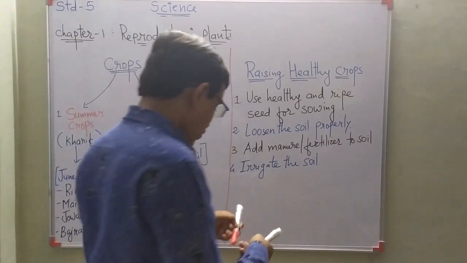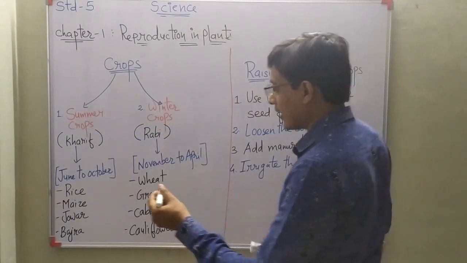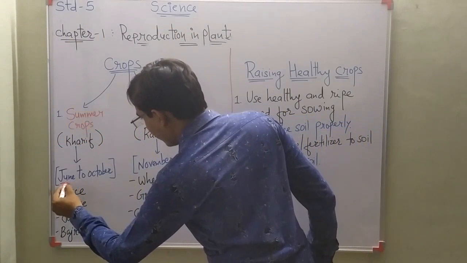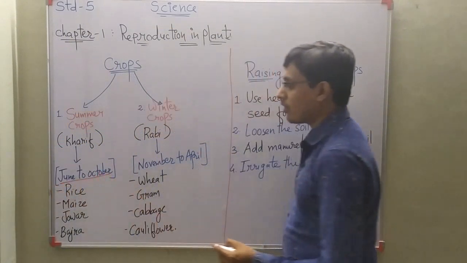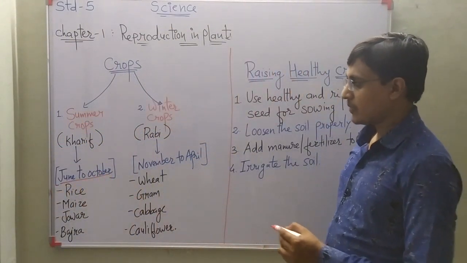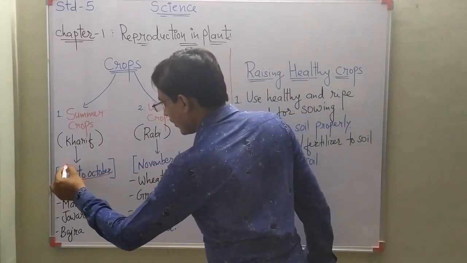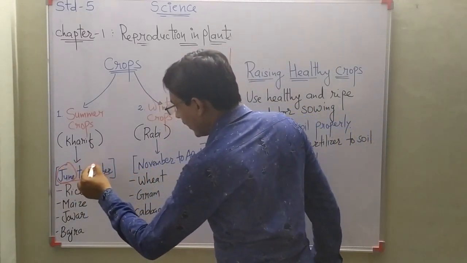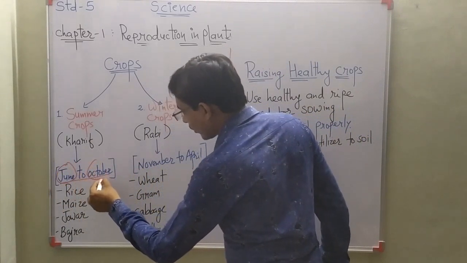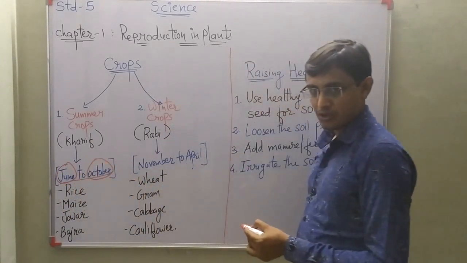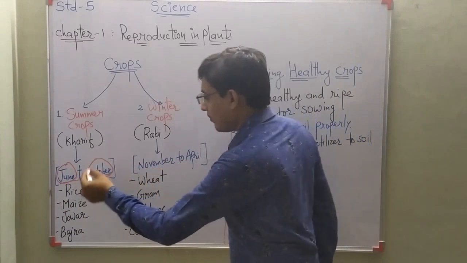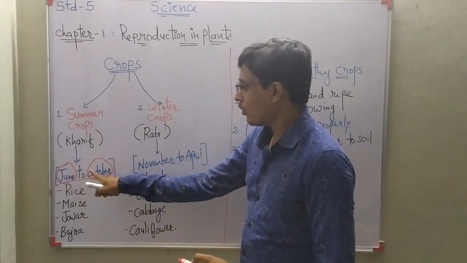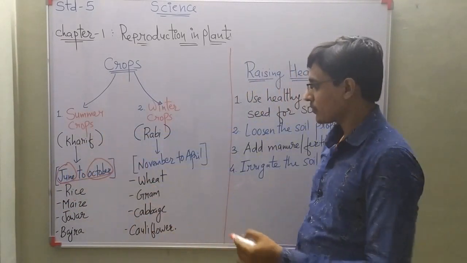Summer crops means the crops that grow from the month of June to the month of October. In June the seeds are sown in the soil, and in October the crop is harvested. So the months from June to October are called summer crop.